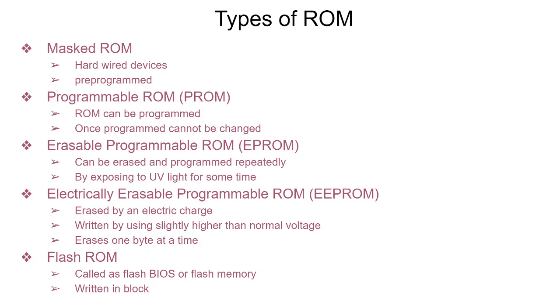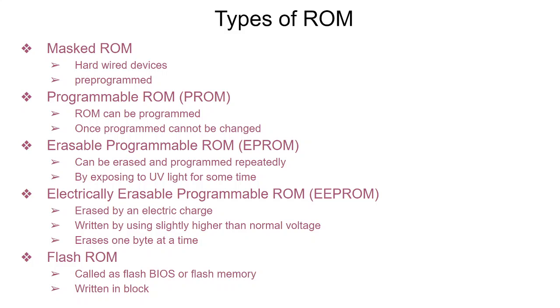Then we have the next type, that is the erasable programmable ROM. We call that an EPROM. So what does this do? It is the same thing, the program is done as we do in the programmable ROM, but the difference is, if something goes wrong and you want to reprogram the ROM, you can easily reprogram this.